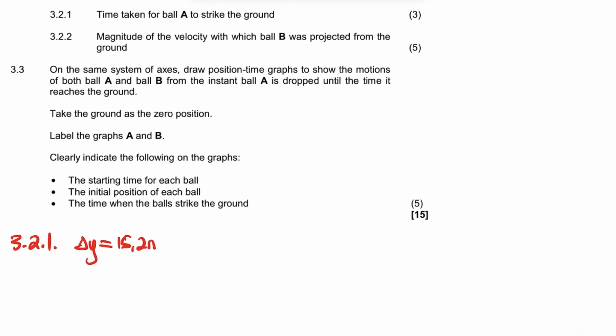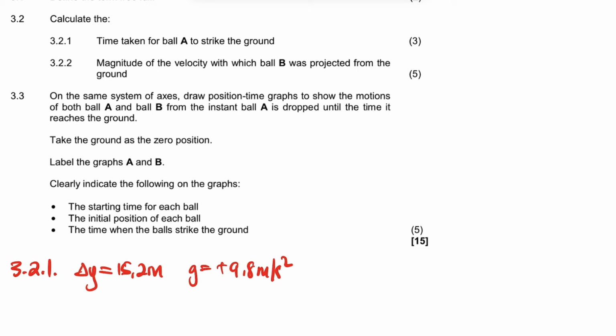Our gravitational acceleration is positive because we chose down as positive, and gravitational acceleration is always down. We have the initial velocity, which is 0, and the final velocity when it reaches the ground, which we do not know, and it's positive as well. We are looking for time.